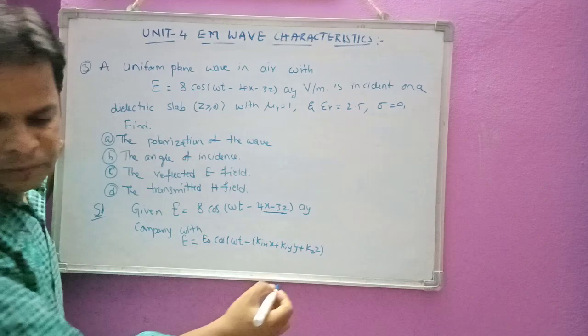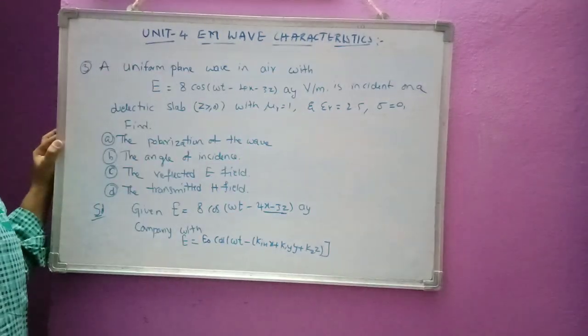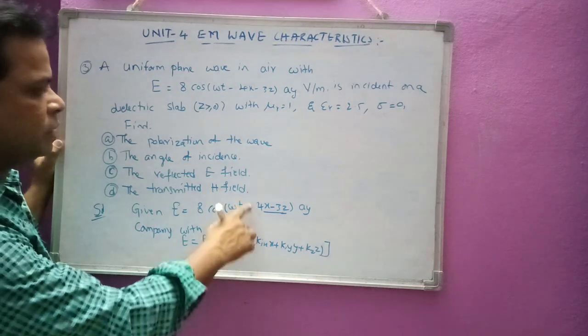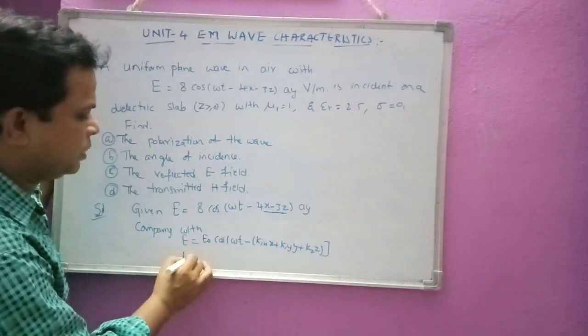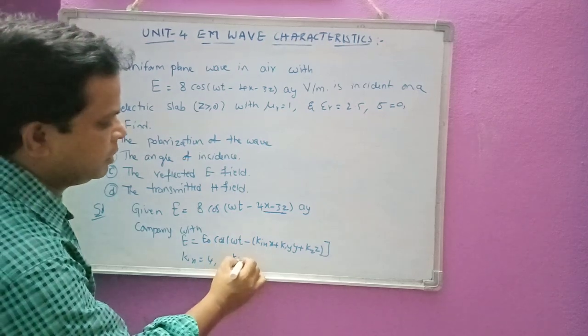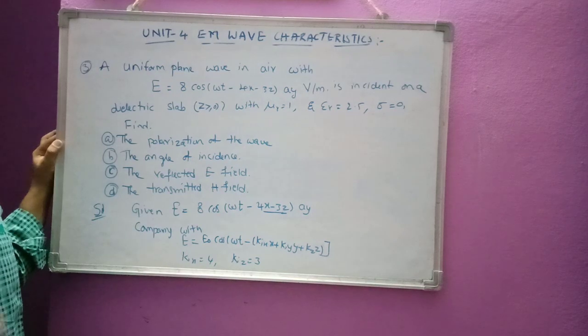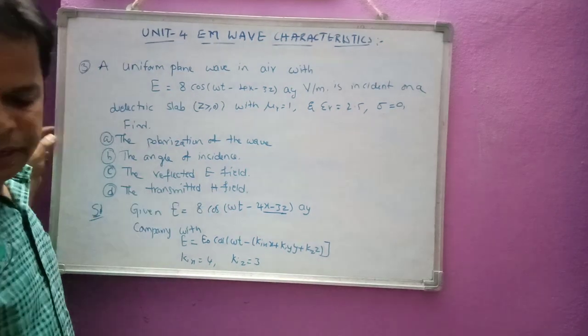This is the propagation vector k. Now here kx is nothing but 4, and kz is nothing but 3, and the remaining term, the y term, is 0 here.